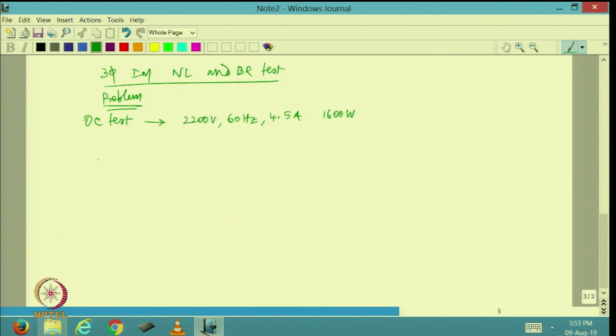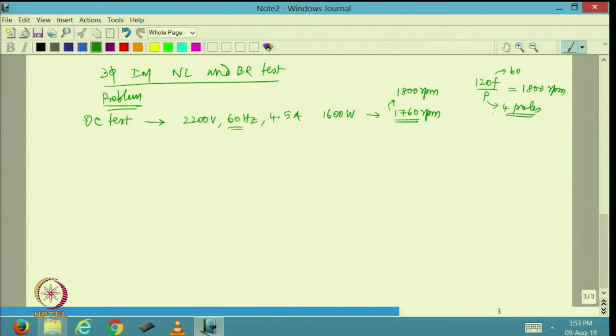And when it is freely running, let us say it is running close to a speed of 1800 rpm, let us say 1760 rpm. Please understand, if I am going to have 1760 rpm, 1800 rpm will be the synchronous speed, whatever is the closest, it is a 60 hertz machine. So, 120 f by p, f is 60. So, if I say that the closest synchronous speed is 1800 rpm, then p has to be 4 poles.